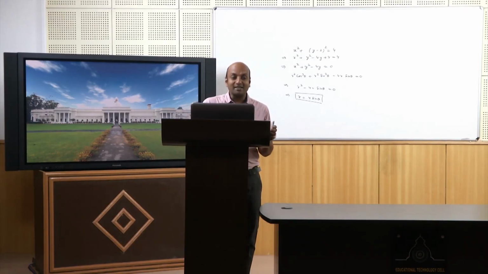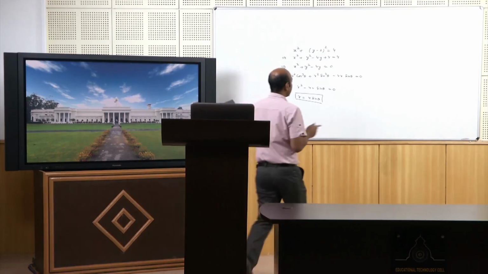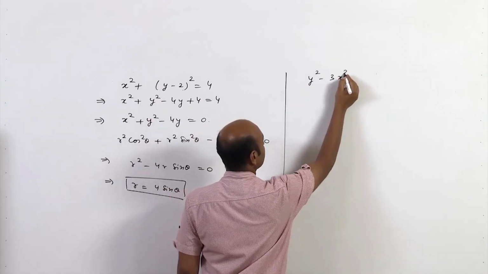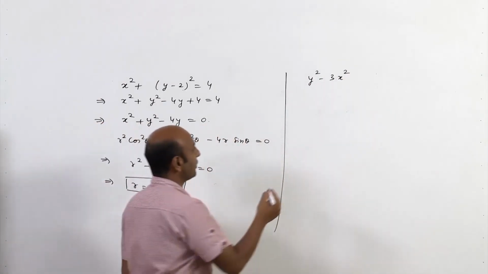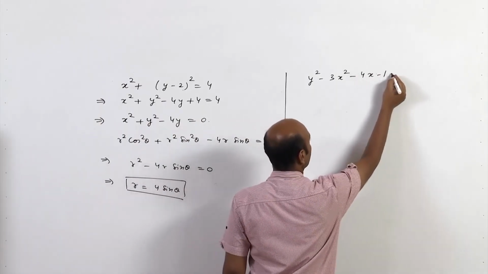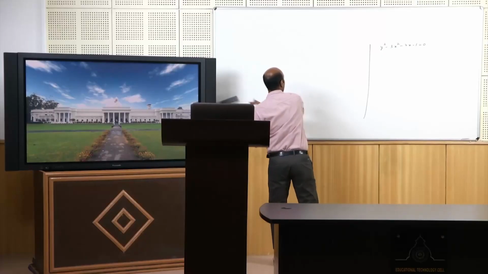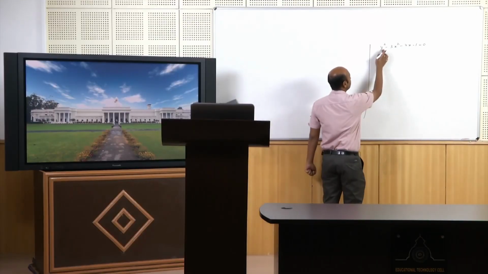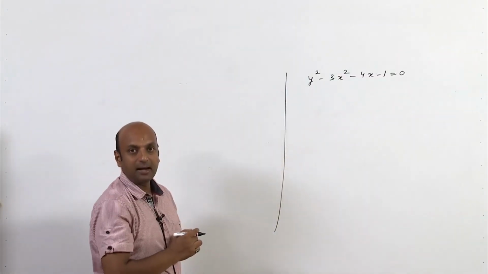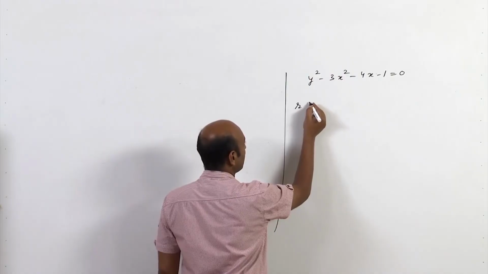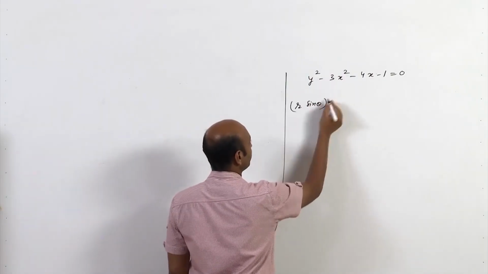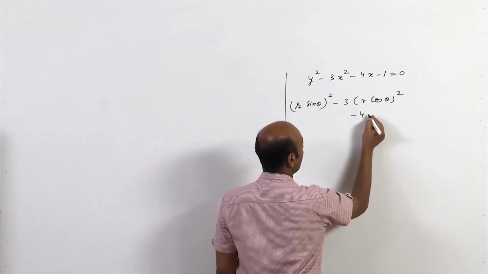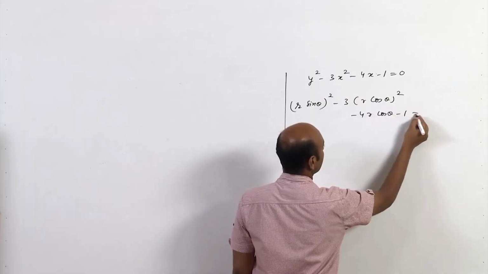Now for the second equation. The second problem is y square minus 3x square minus 4x minus 1 equal to 0. So, how can you find out polar equation of this curve? You simply replace x by r cos theta and y by r sin theta again. So, it is (r sin theta) whole square minus 3 (r cos theta) whole square minus 4 r cos theta minus 1 equal to 0.